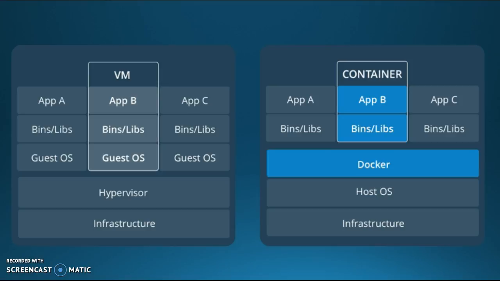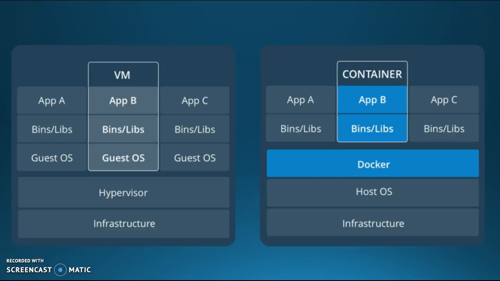It's not replicating the operating systems. Each app has its packages, the app code, and its dependencies inside of that container. You can have multiple containers running on the same machine and sharing the same operating system kernel with the other containers. Each container is running as an isolated process in the user space.